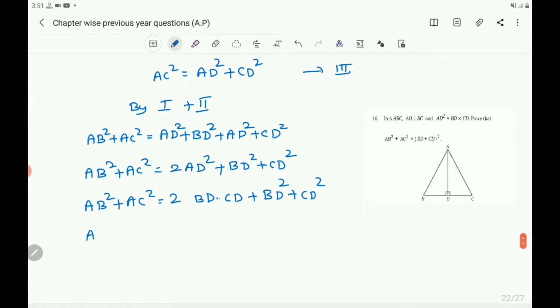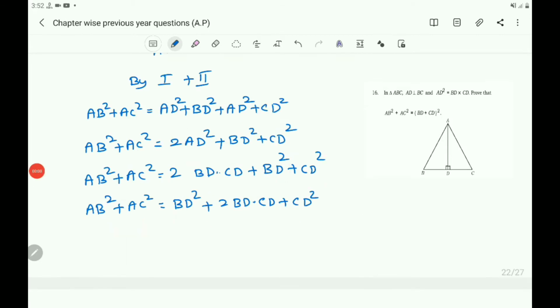You write LHS as it is, AB square plus AC square. Here you got in the form BD square plus 2 into BD into CD plus CD square. So you got that A square plus 2AB plus B square form.